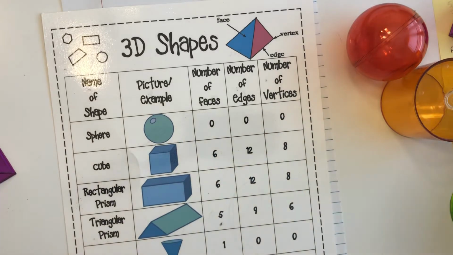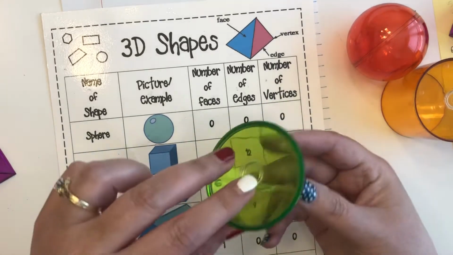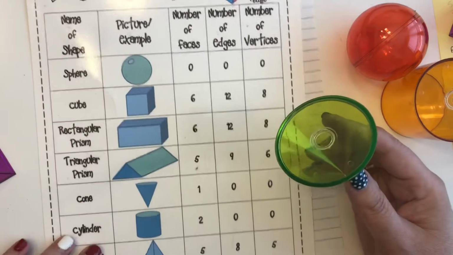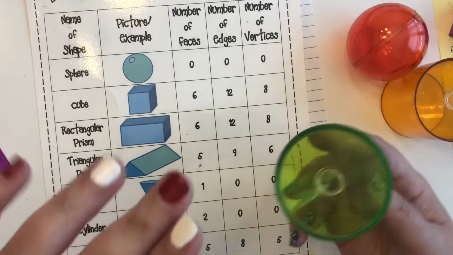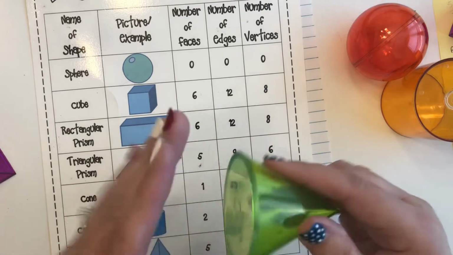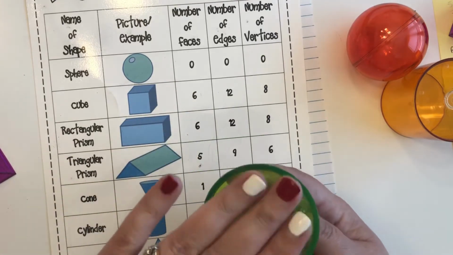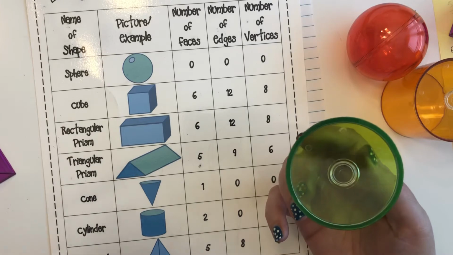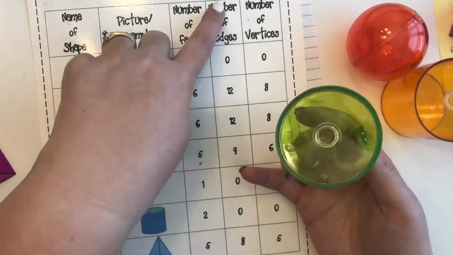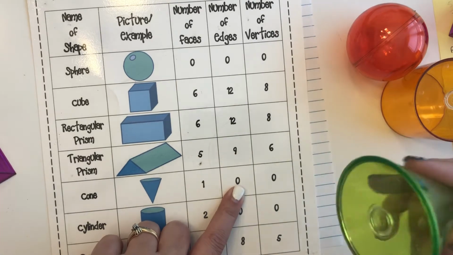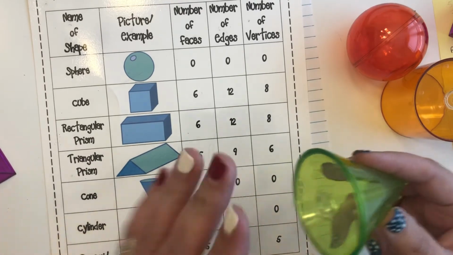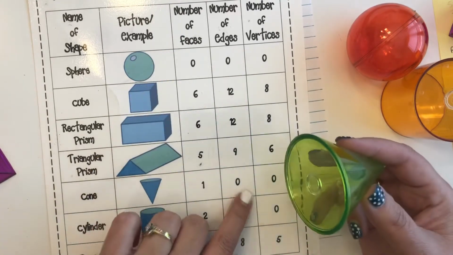Now, if you look at a cone, it's kind of unique. Let's see if I can get the cone. There we go. Here's the cone. A cone says it only has one face, okay? One flat surfaced face. And if you look, the number of edges on a cone is 0, because there is no place for those faces to come together.